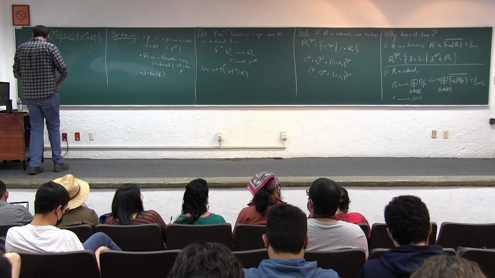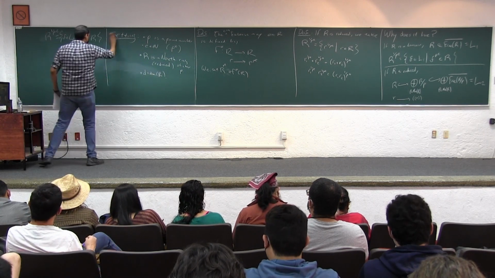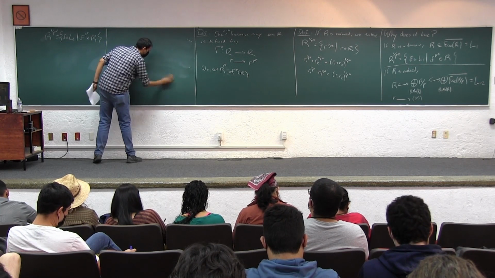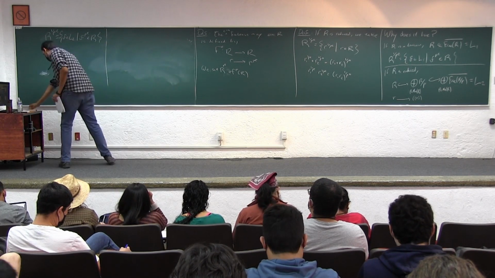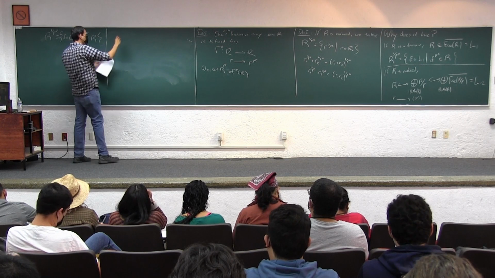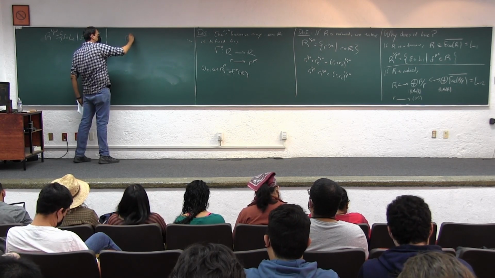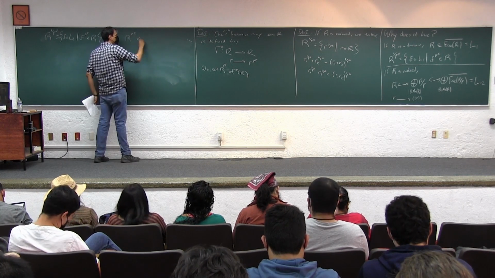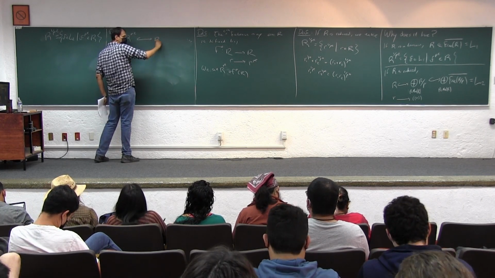So let me introduce a diagram. So we have R^{p^a}. This is included, because it's just the image of a map in R, no?